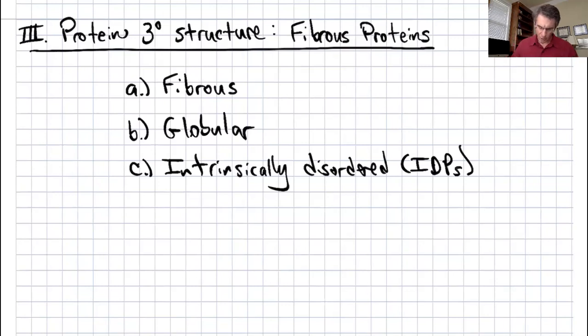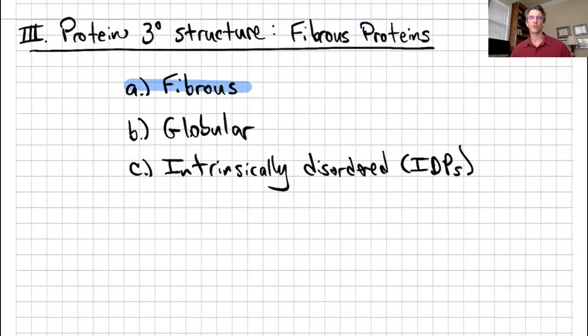Okay, so we're now going to talk about how these elements of secondary structure lead to the formation of a particular class of protein that are highly extended, and they're generally built this way because of a need for particular mechanical or physical properties.